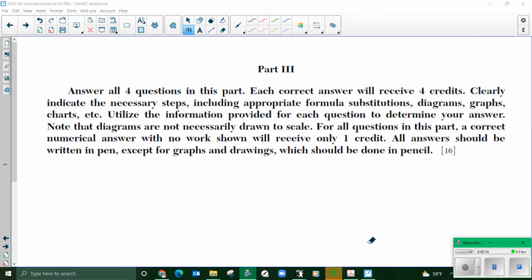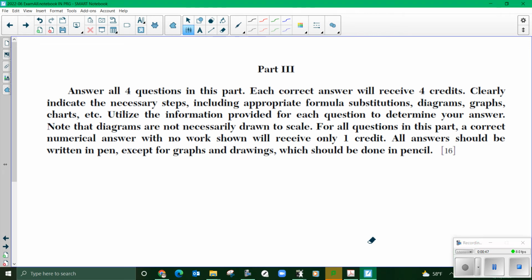Part 3. Answer all 4 questions in this part. Each correct answer will receive 4 credits, or 4 points. Clearly indicate the necessary steps, including appropriate formula, substitutions, diagrams, graphs, charts, etc. Utilize the information provided for each question to determine your answer.